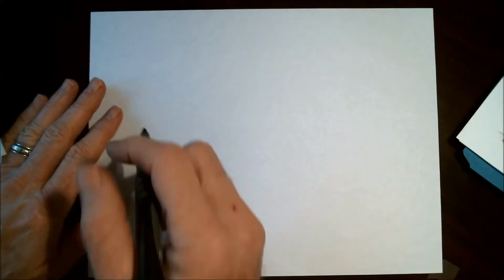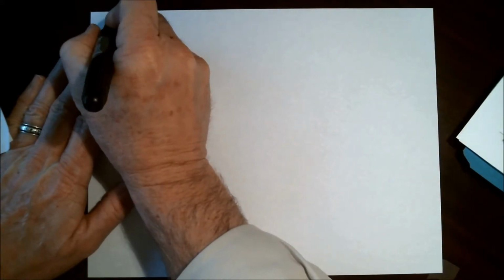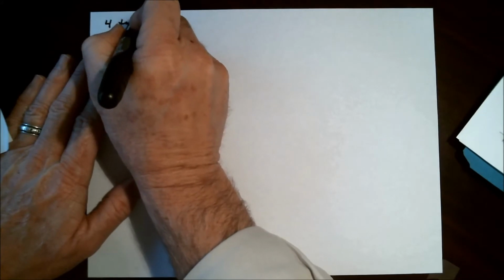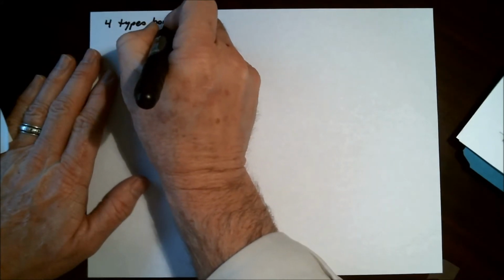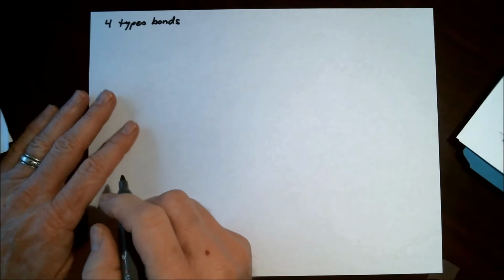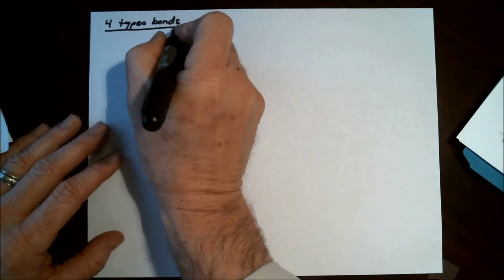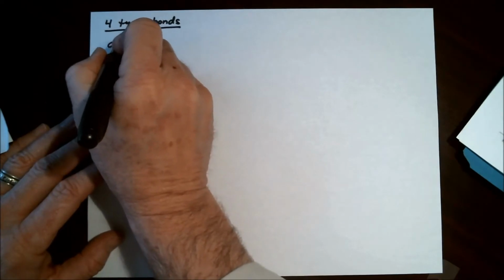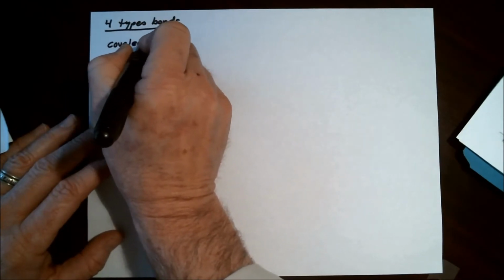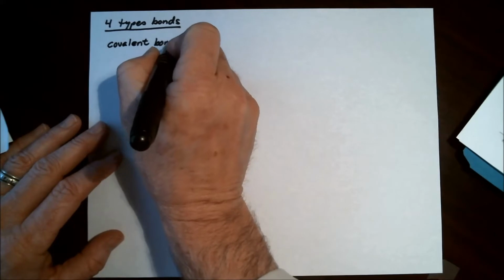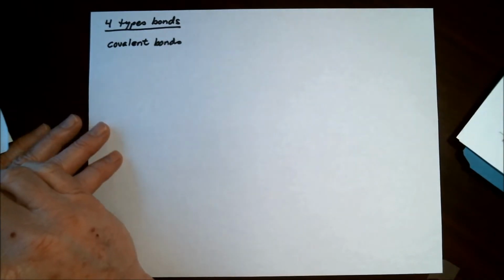Now let's examine the 4 types of bonds that we will encounter in biochemistry. In order to appreciate these bonds, let's compare them to what we're familiar with, the covalent bonds.